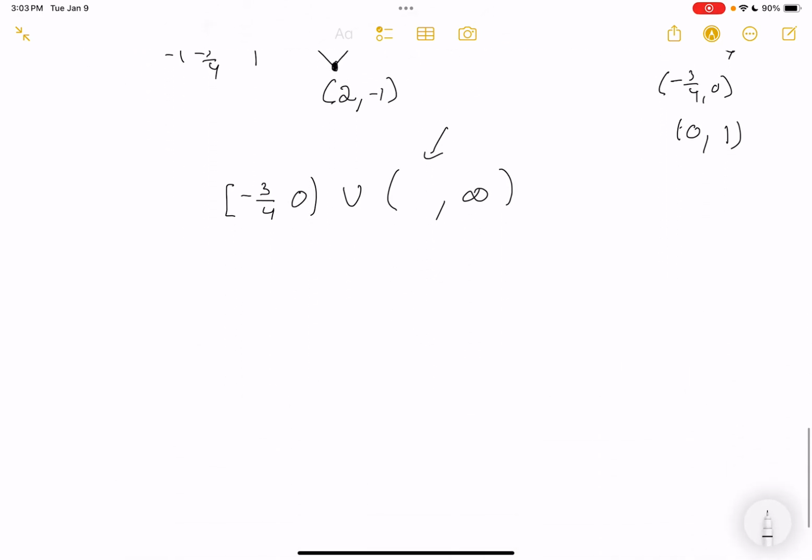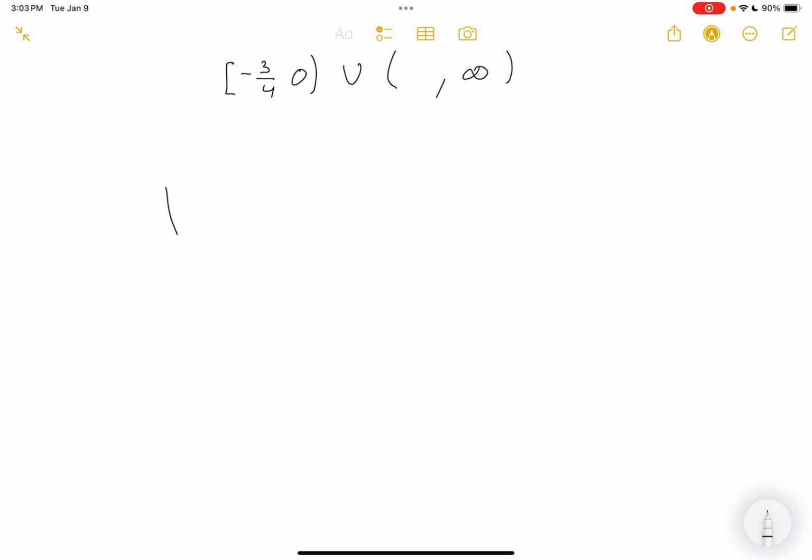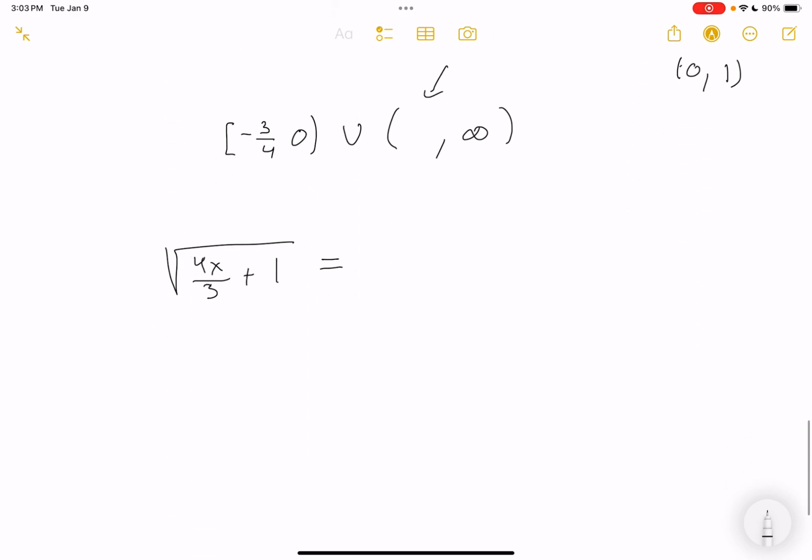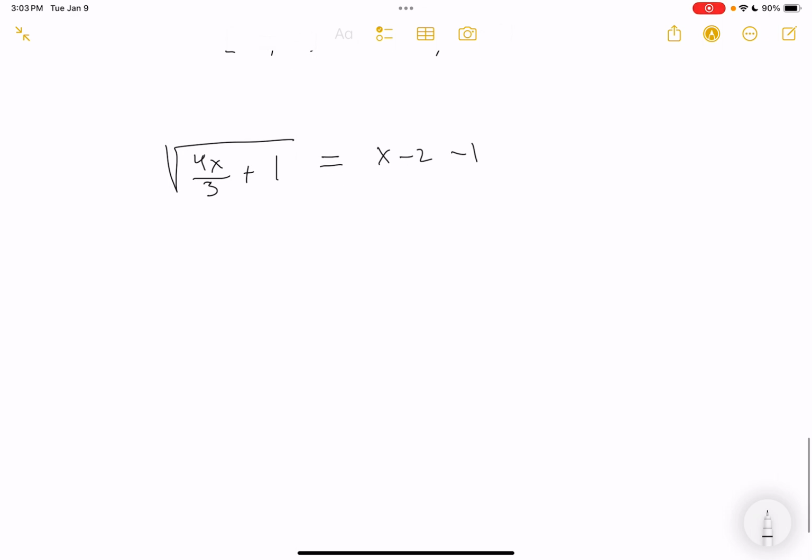So I'm going to point out, really what I'm doing is I'm setting up this over here. By the way, you could probably guess at the number. I really don't want to do that. I want to know what it's equal to, and I'm looking at this section of the curve over here. And what would that be equal to? x minus 2 minus 1. Let me write this over here.